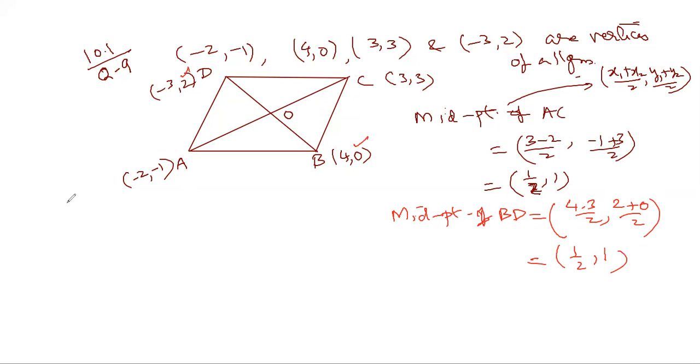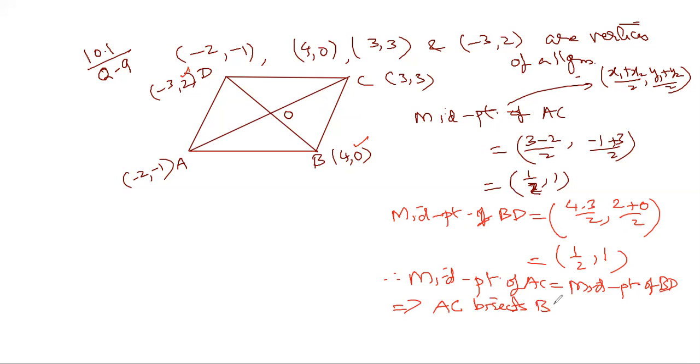So the midpoint of AC is equal to the midpoint of BD, which shows that AC bisects BD, and vice versa.